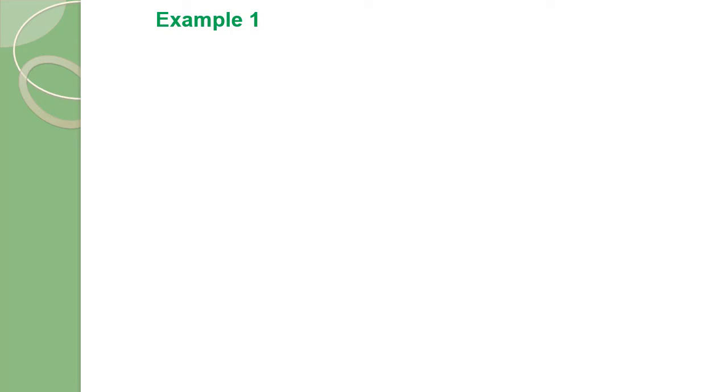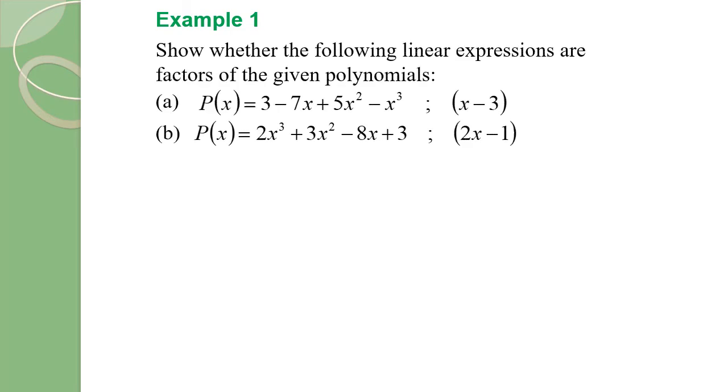So let's do an example. Show whether the following linear expressions are factors of a given polynomial. We have the polynomial p(x) equal to 3 minus 7x plus 5x squared minus x cubed. We want to check whether x minus 3 is a factor. What you need to do is check whether p(a) equals 0 or not.